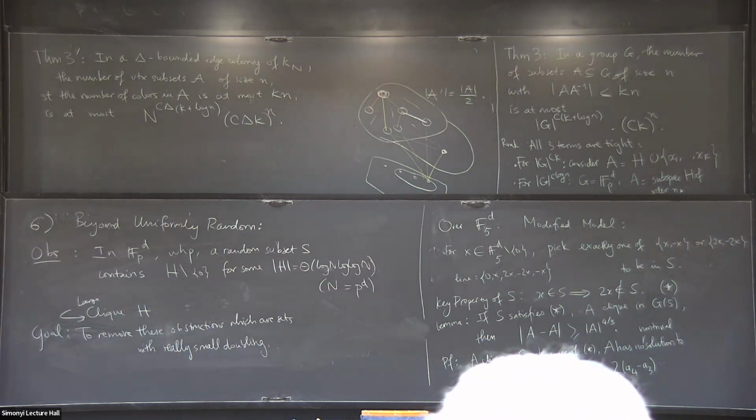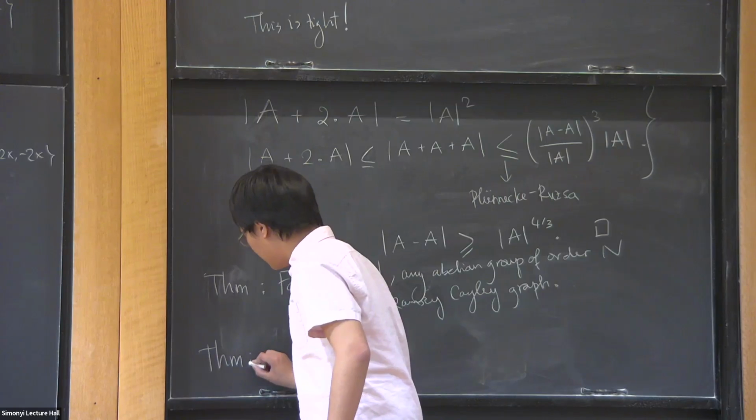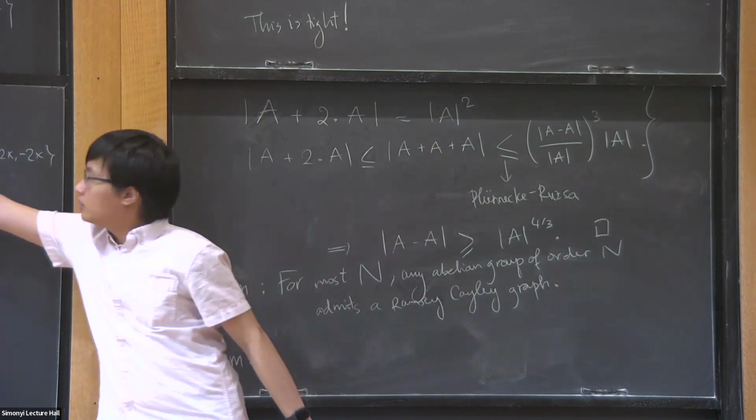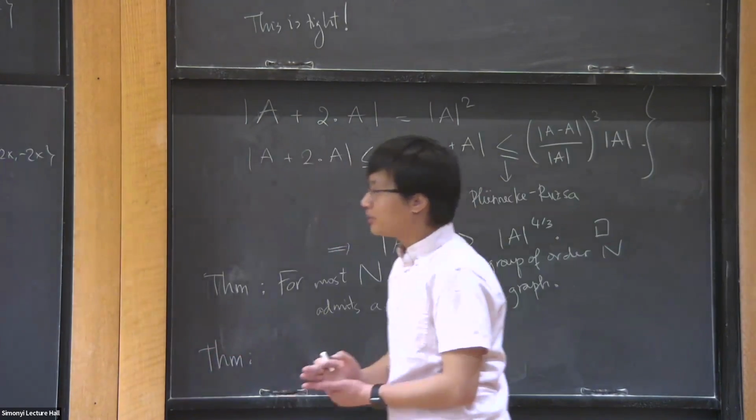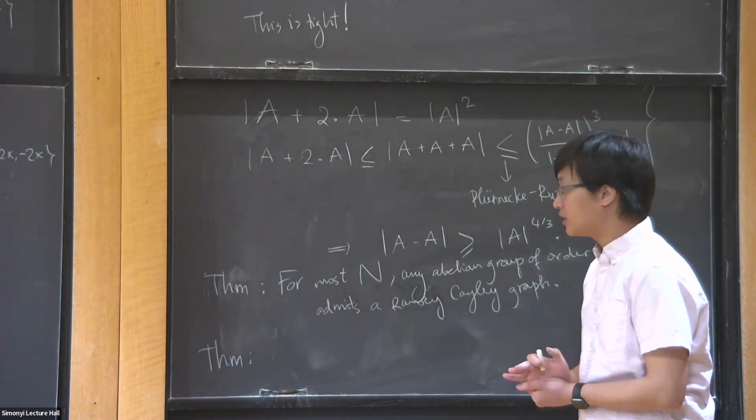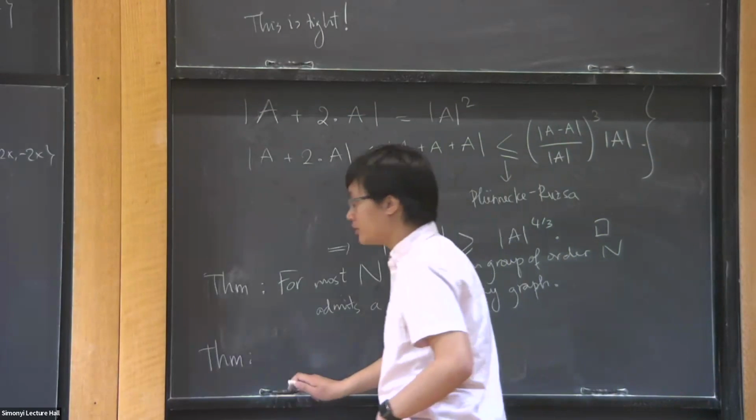Now, let me mention also that under this model, we can analyze very precisely the clique and independence number. So that's the second result here.